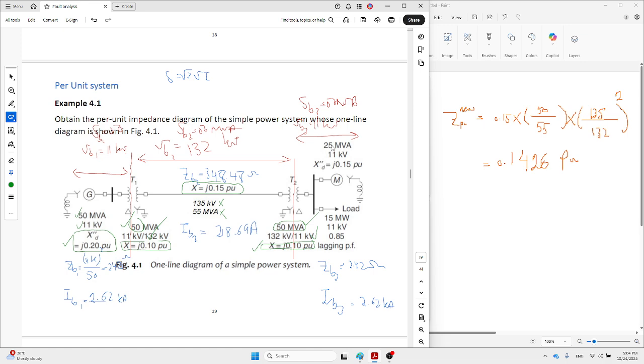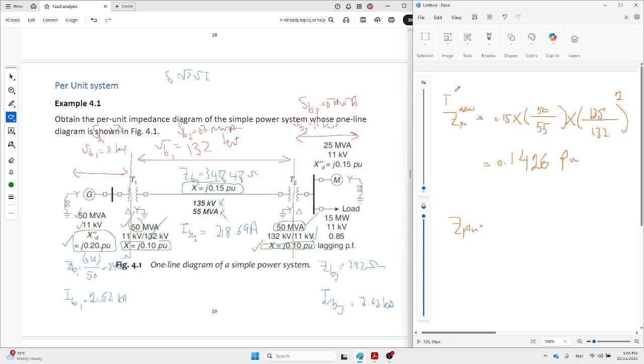Then for the motor, you can see the S is not correct, it must be 50. This is 25, but the voltage is correct. Again, using the same formula, Z per unit is equal, this is for the transmission line, this is for the motor, for M. It's the old value, again 0.15 times, don't forget there is a J for this one.